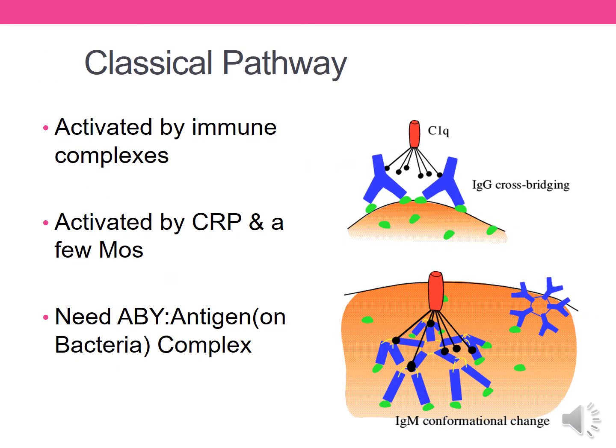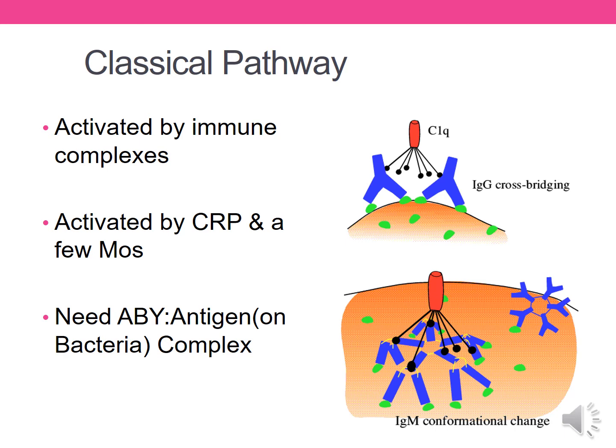So the first pathway that we're going to be discussing is the classical pathway. The majority of the time, the classical pathway is going to be activated by an antibody-antigen complex. So typically antibodies are needed to start the classical pathway.